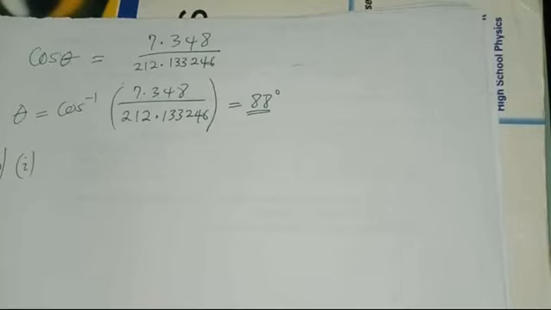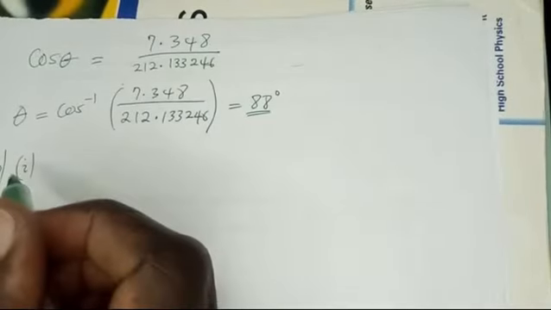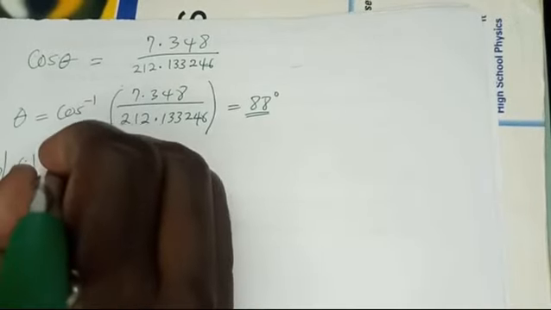If you are asked to check whether two vectors are perpendicular or not, just calculate their dot product. If the dot product gives 0, it means they are perpendicular. If it does not give 0, they are not perpendicular. There must be a certain angle that is not 90 degrees between them. So to show whether this is perpendicular to P or Q, you do that separately.